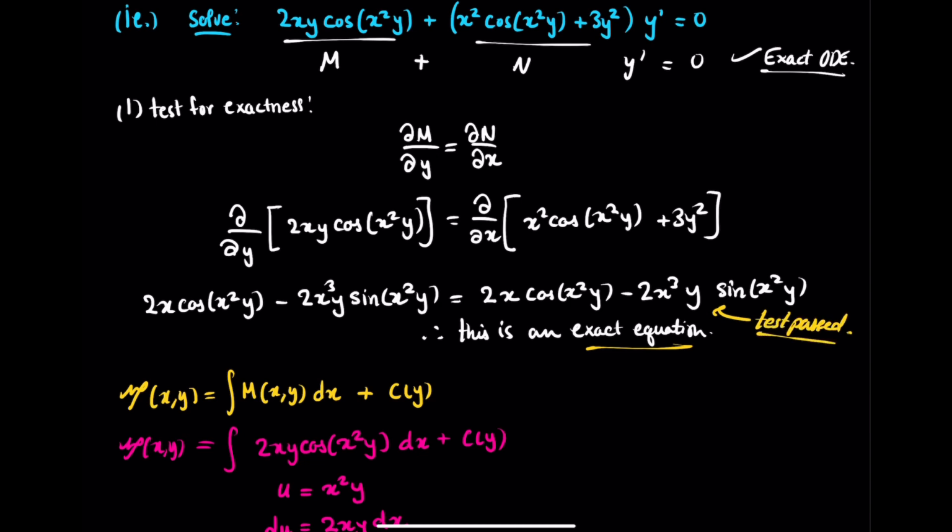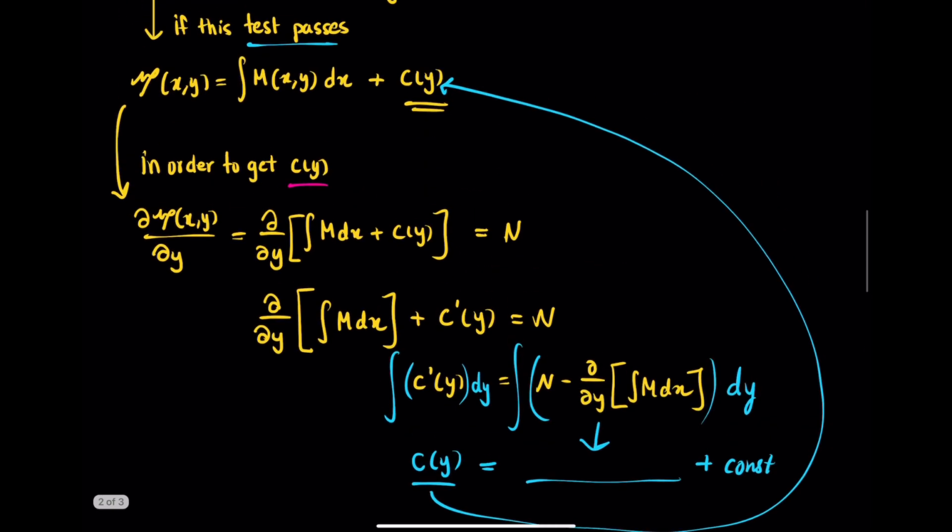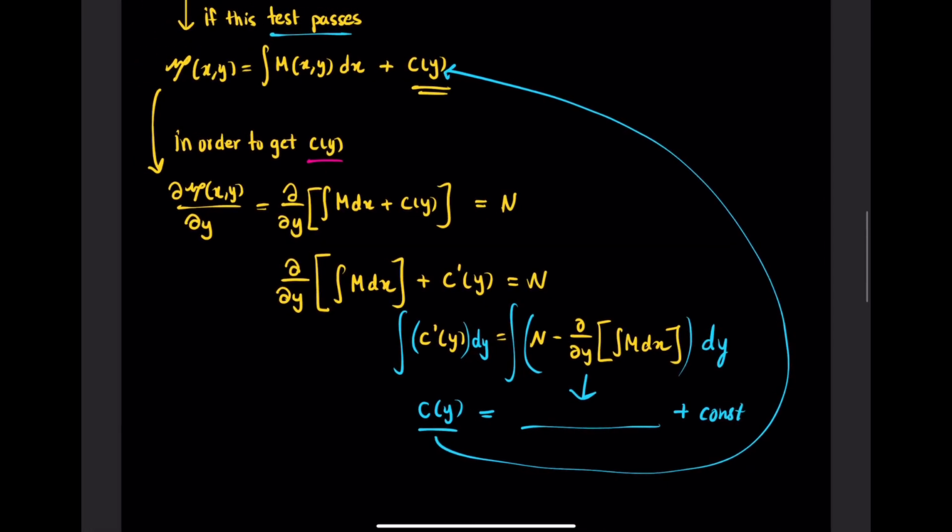But a lot of the times the test won't pass. And so then you have to brute force it. You have to come up with some way such that you can guarantee that the equation is exact. The way to do that is actually not too bad.